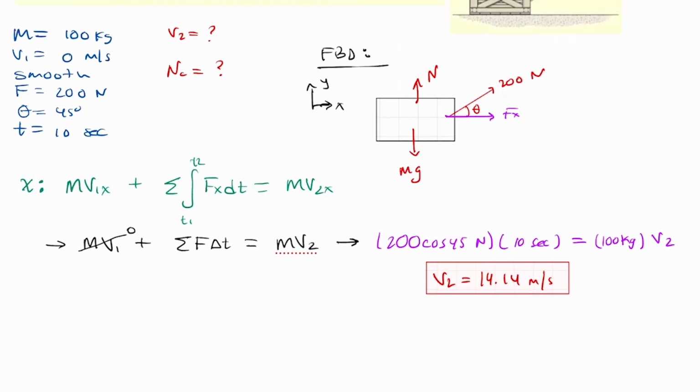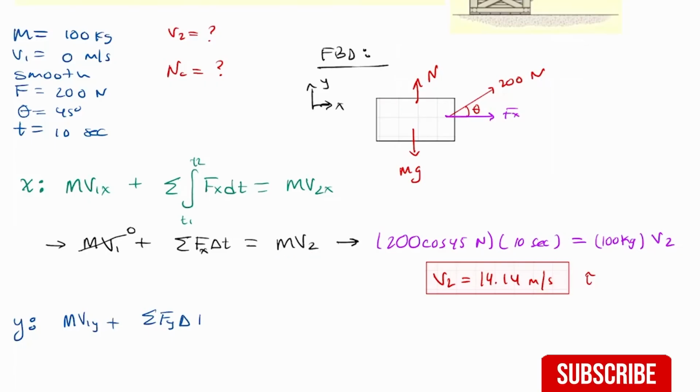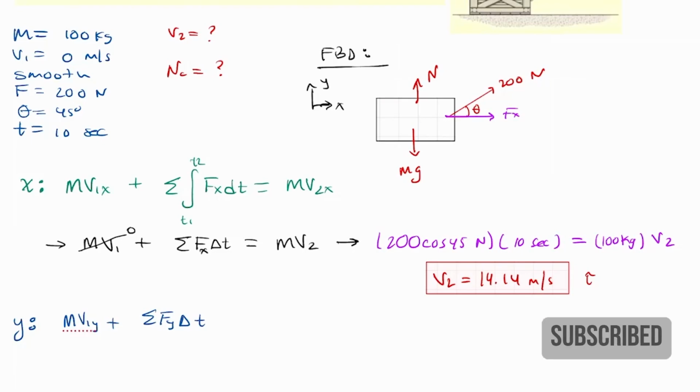But if our box were also moving in the y, then we'd have to do vectors, with the i direction and the j direction, and do the magnitude at the end. All right, so using the same equation, now in the y direction, I have mass times velocity 1 in the y direction plus the sum of forces in the y direction times the change in time, equals mass times velocity 2 in the y direction.